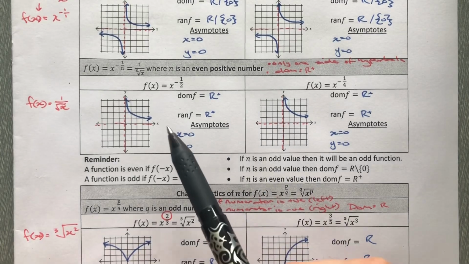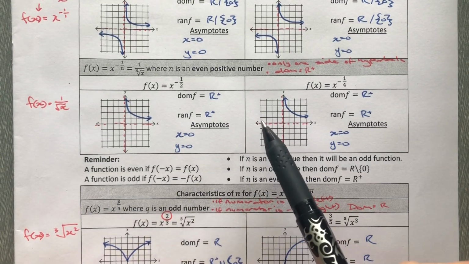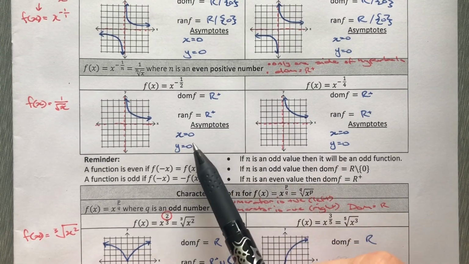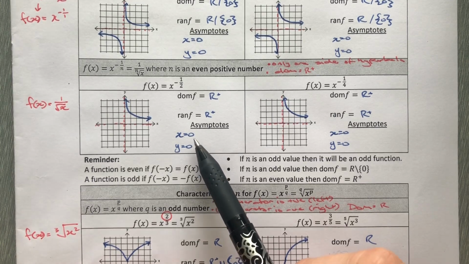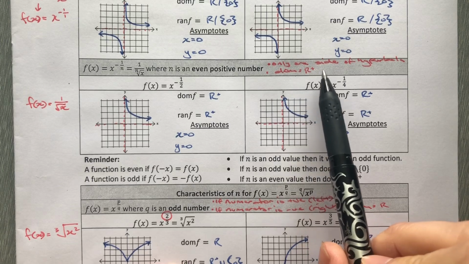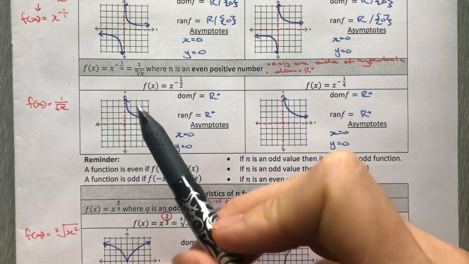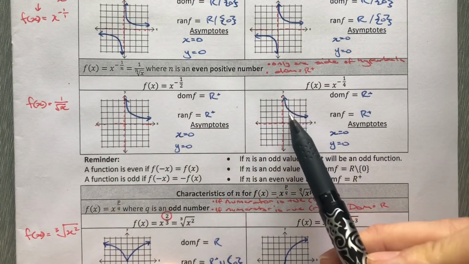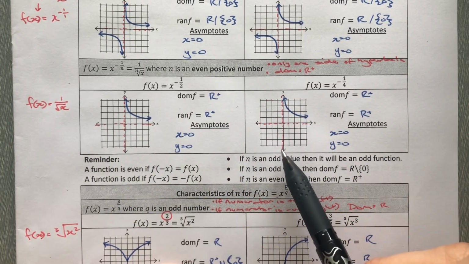And we can see these two look quite similar as well, don't they? Again, they have the same domain and range, and asymptotes as well. But what I could see is that they sort of only show one side of a hyperbola, don't they? So they show this bit, a hyperbola would have that bit as well. So they show that bit, hyperbola would have that bit too.